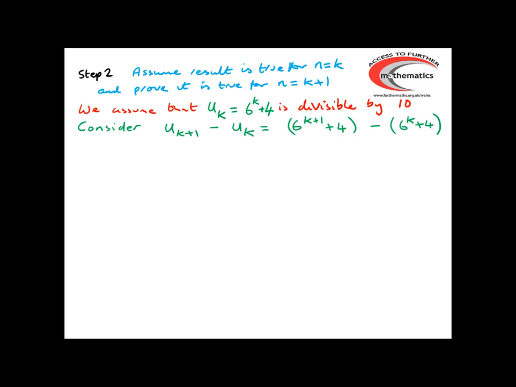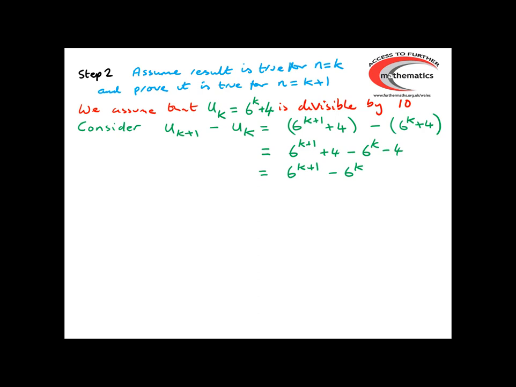Then we've got 6 to the k plus 1 add 4, take away 6 to the k add 4. Getting rid of the brackets, that's 6 to the k plus 1 add 4, take away 6 to the k, take away 4. And clearly the 4s just cancel. So we've got 6 to the k plus 1, take away 6 to the k.